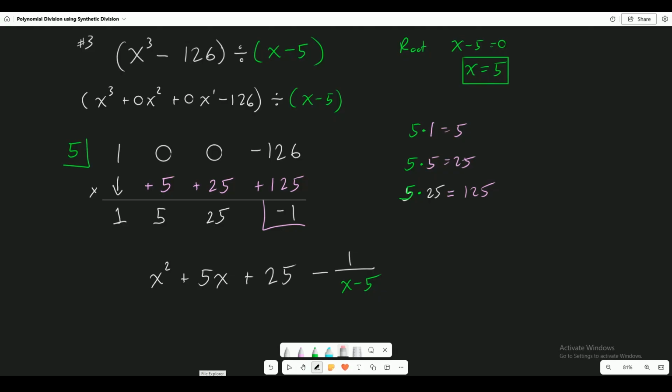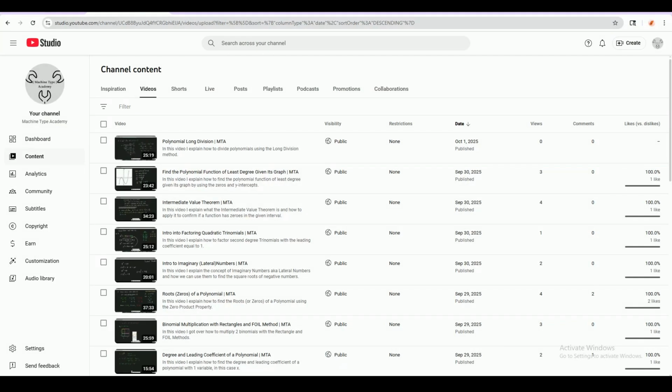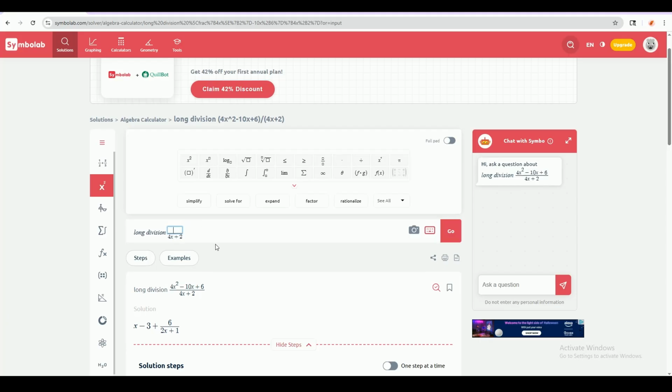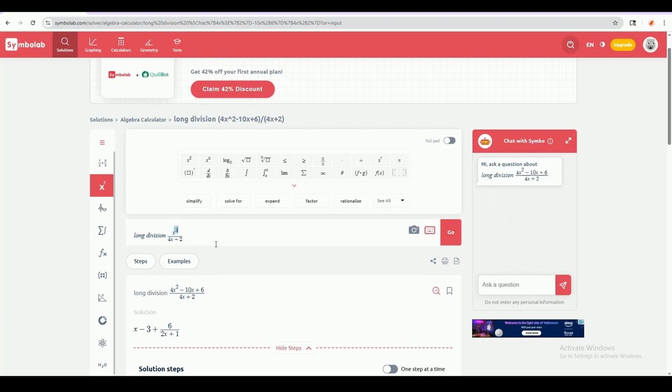Let's check my answer to make sure we're doing everything correct. So it was x cubed minus 126 divided by x minus 5.